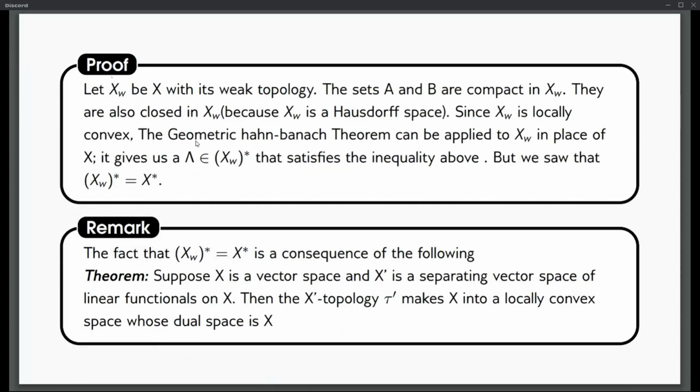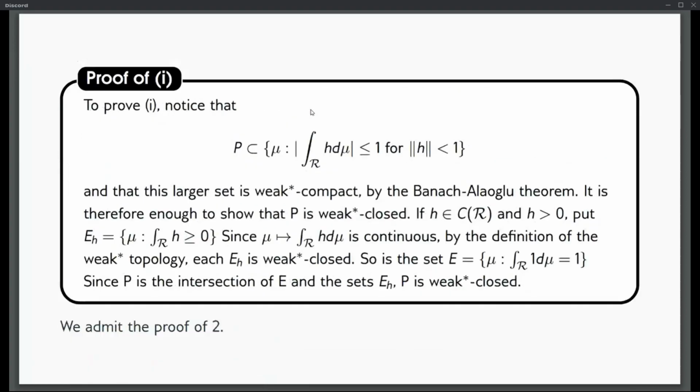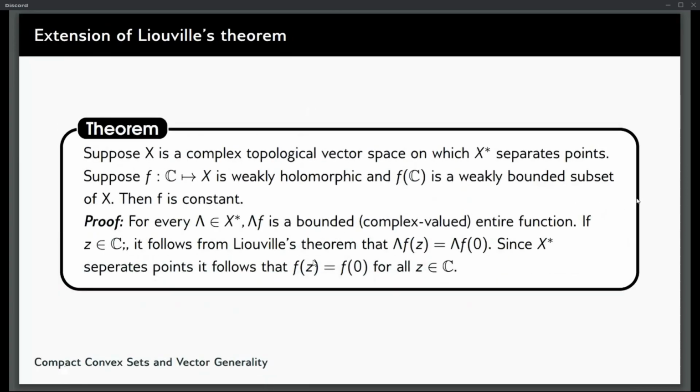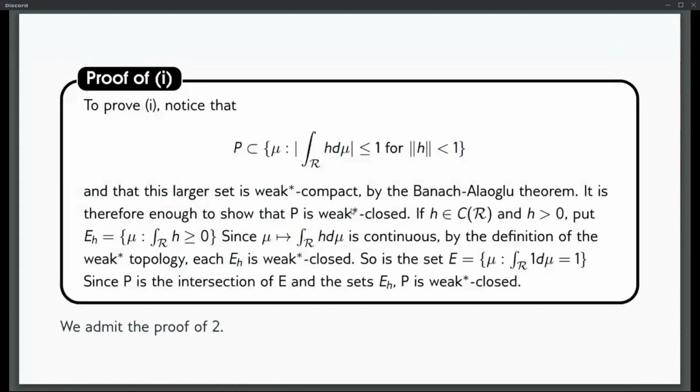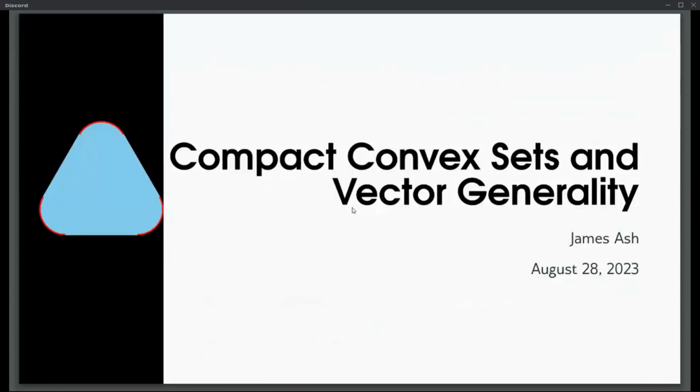So this strategy is what we used in the proof of Liouville's theorem. We moved to a space that we know how to work with, and we proved it. This strategy of moving to a setting where you know how to work, and then using things you know to determine results about the other space, has been showing up quite a bit in these two places, at least. I think it's obvious when you think about it, but it is a good strategy to keep in mind. And that would be it for now about the presentation.